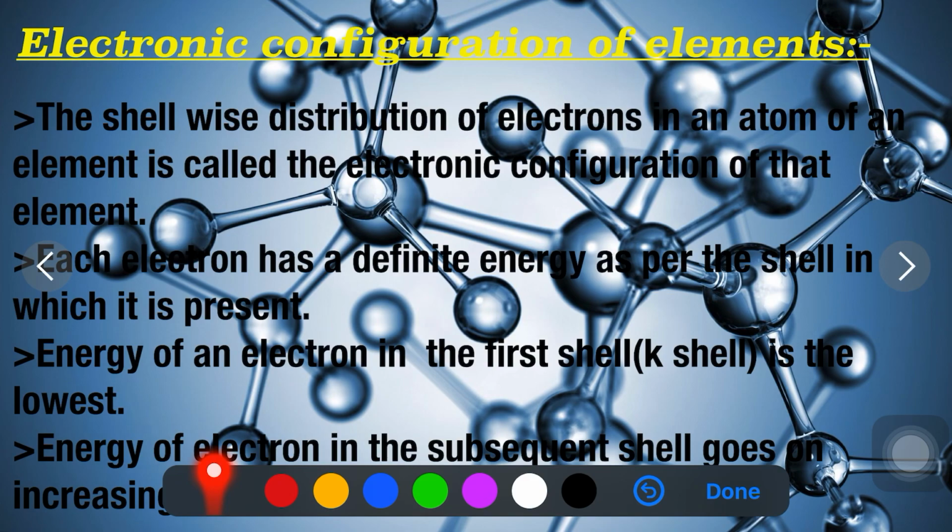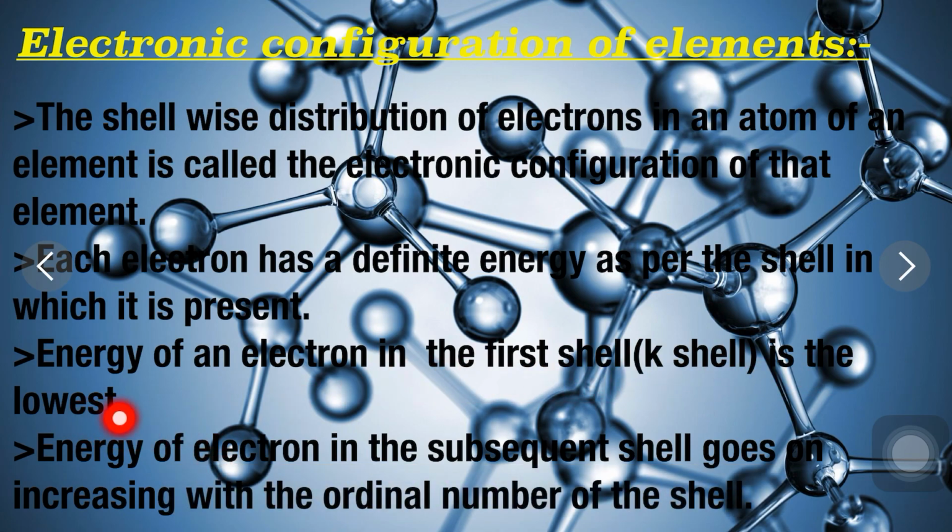The shell-wise distribution of electrons in an atom of an element is called the electronic configuration of that element. Each electron has a definite energy as per the shell in which it is present. The energy of an electron in the first shell, that is the K shell, is the lowest.